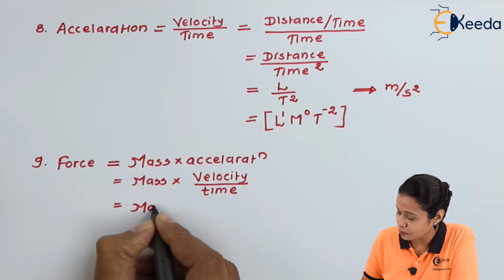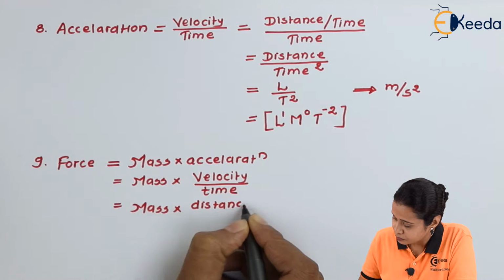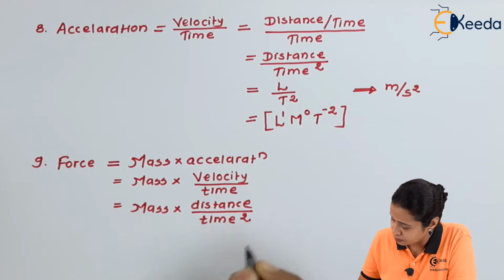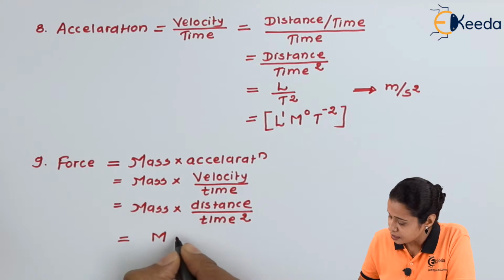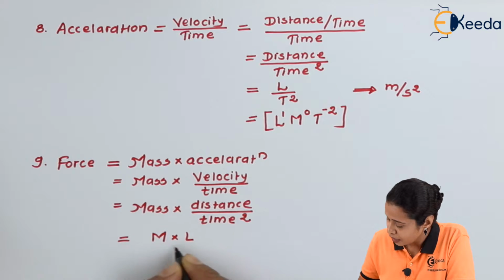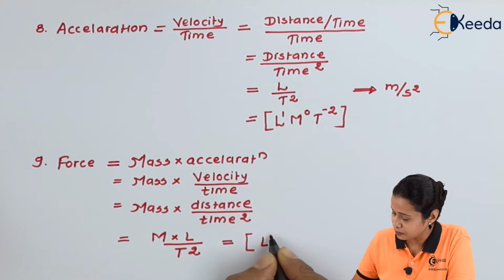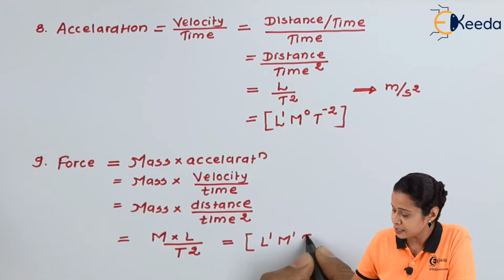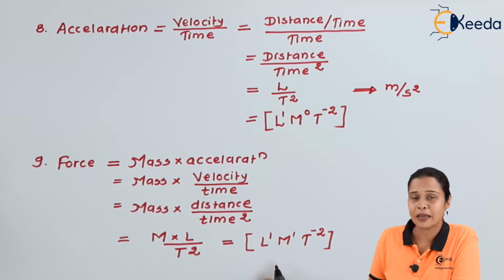So the final equation will be mass into distance upon time square. Hence here we have a factor m. Distance is nothing but length here, and time is t, that is t square. So the dimension for this physical quantity will be L1. Mass is present here, so we'll write down m1 also, and t is in the denominator, so we'll write down -2. This is the dimension of force.